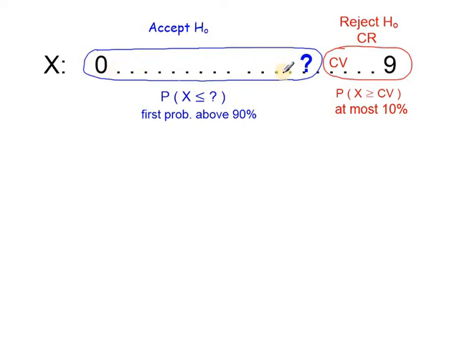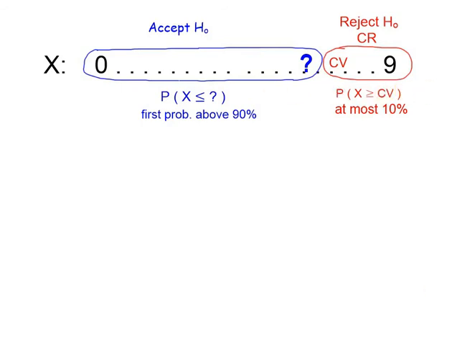So this region represents P(X less than or equal to my unknown value) here. And from the tables I'm looking for the first probability that is just above 90%. This is at most 10%, so the probability of this side will be something just below 10%. So this has to be something just above 90% for the probabilities to add up to 1.